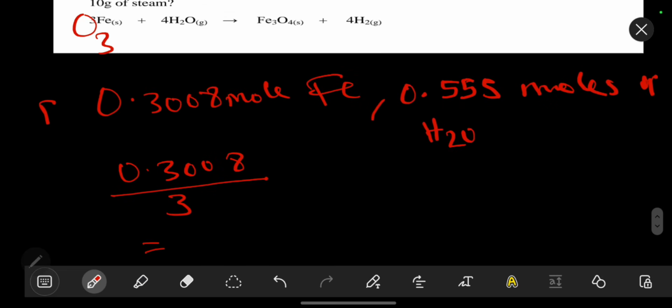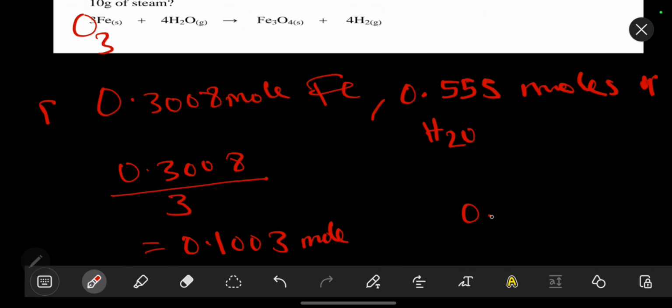You divide 0.3008 by 3. This gives you 0.1003 moles.